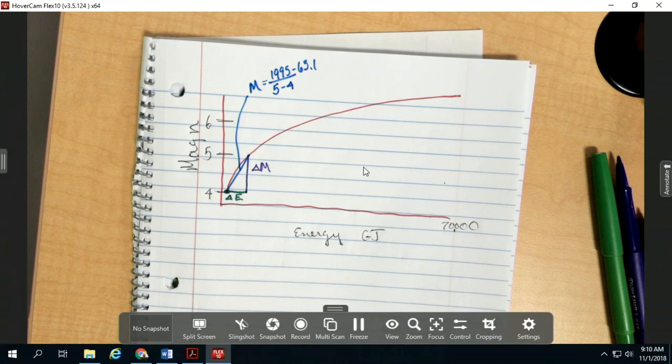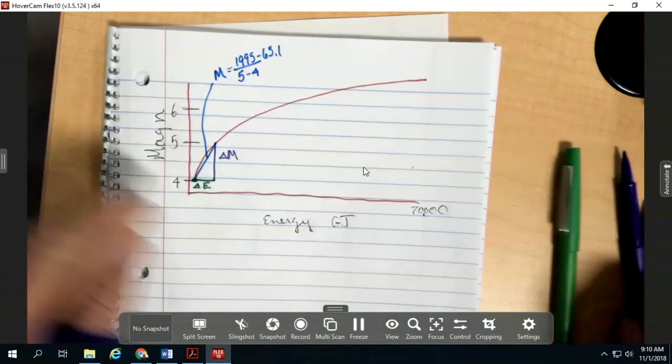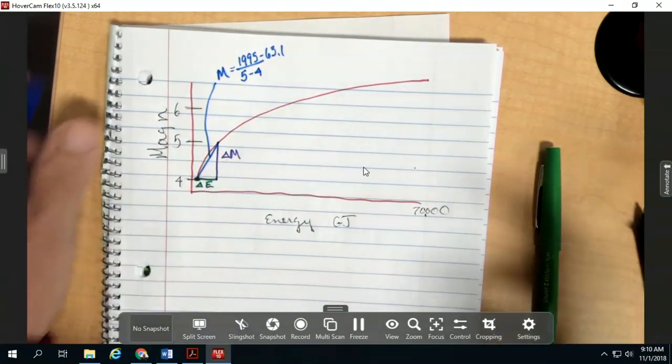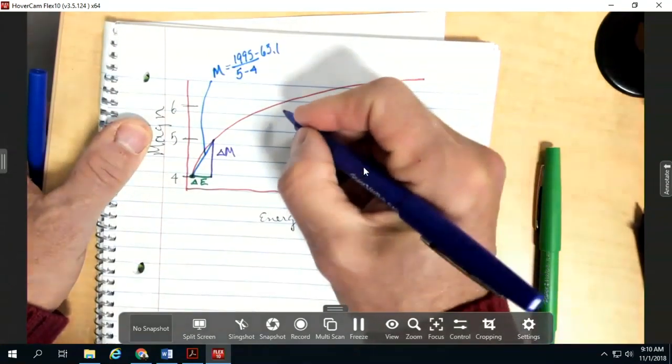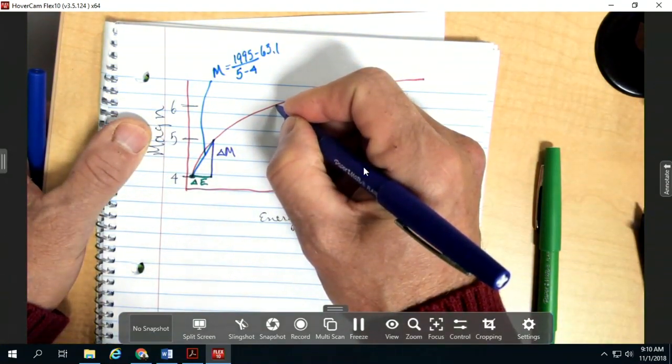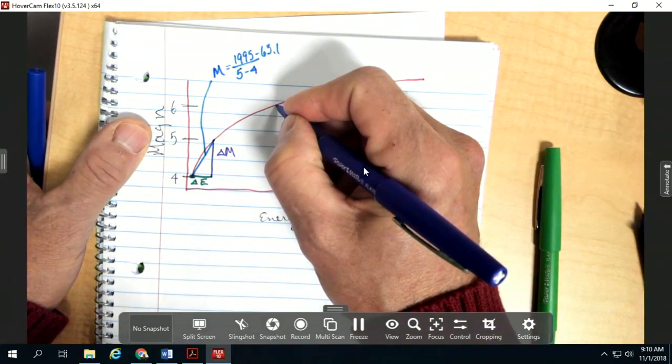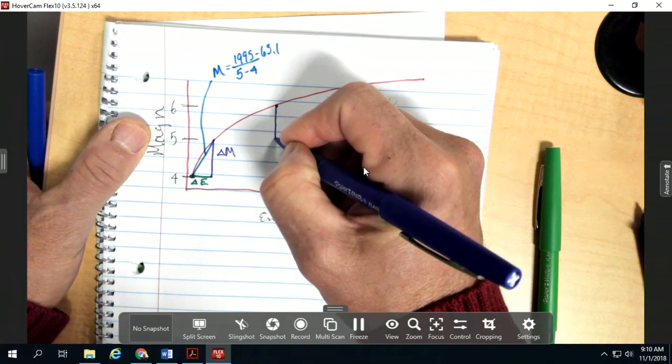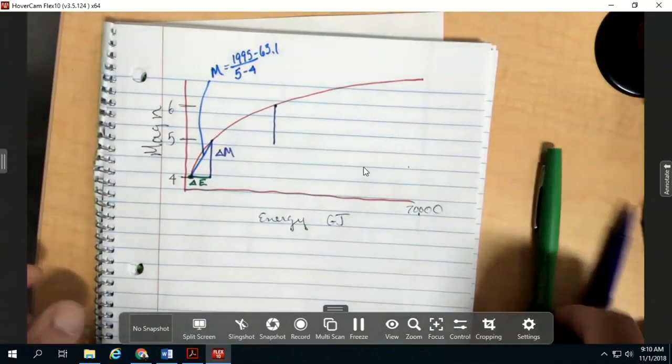Number 3. Now it says go from the change in magnitude from 6 to 5. So if we're going to do it the same way, where are we going to start? Where our graph crosses the 6 and go down to where we're even with the 5.